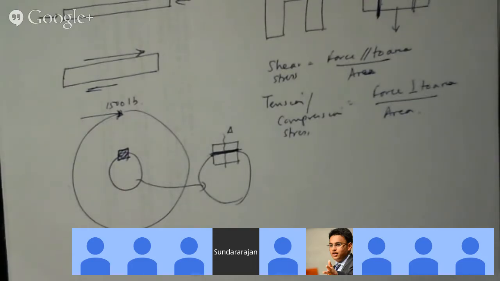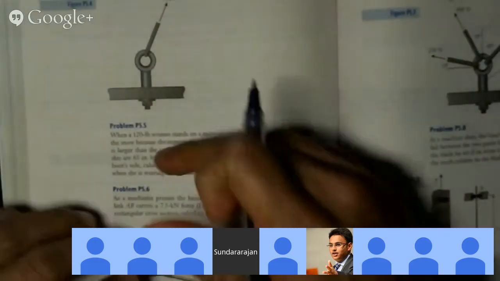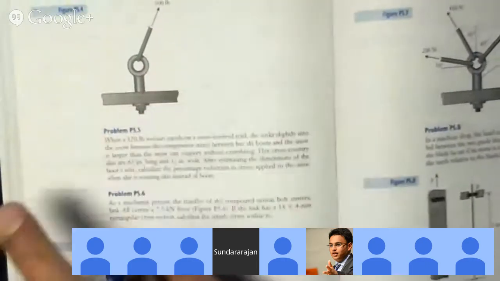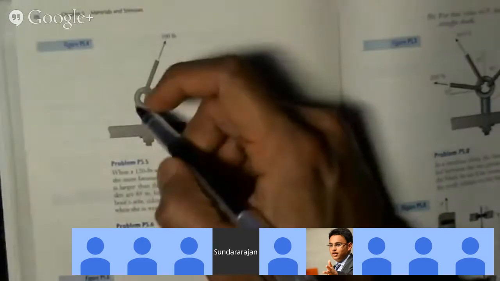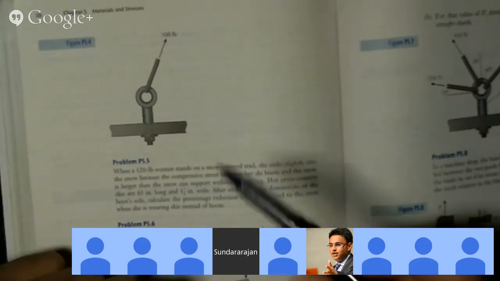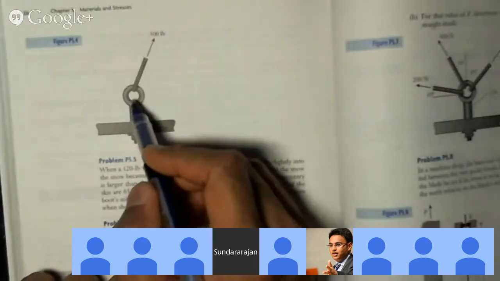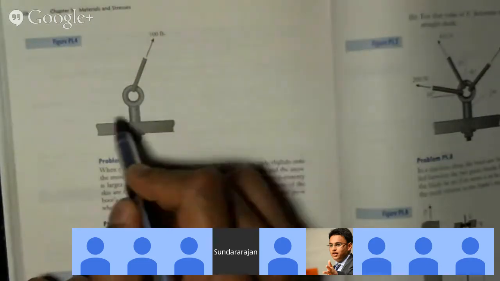Got it? Yeah. Okay. Now let's look at a few more. This one. What is the kind of stress that is acting on this part of the bolt? Tension. It is part tension because there's one part of it that is pulling up, and there is another part that is parallel.